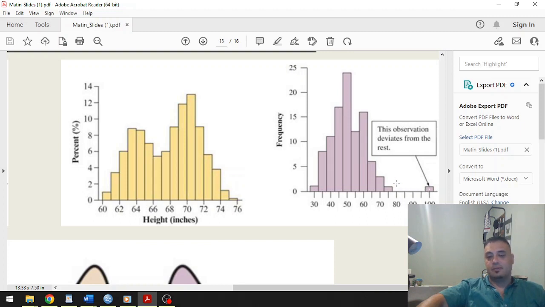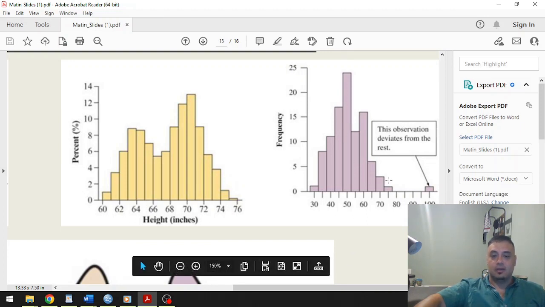So this deviates from the rest because this value or this score or this data point is actually a deviation. It's an outlier. If this outlier is removed, then this will not be a distribution with a gap. It will be a cluster distribution, almost a normal curve, a symmetric distribution.